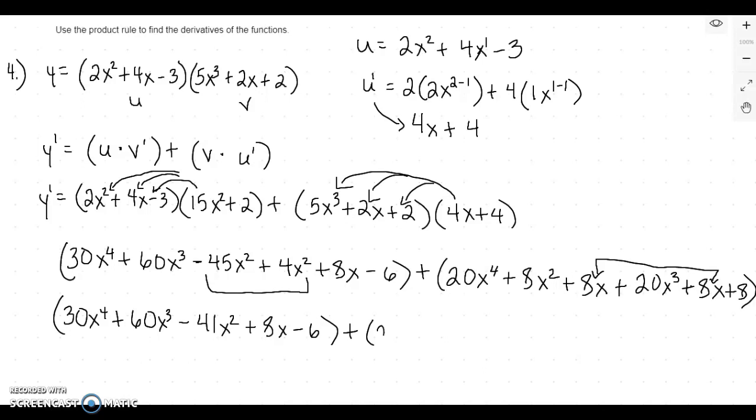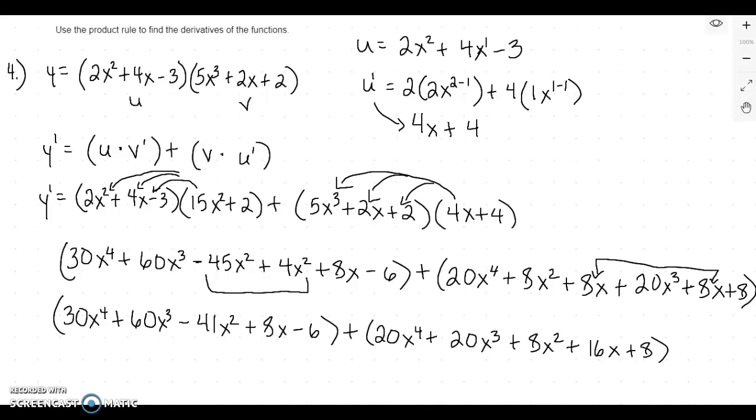So 20 times x to the 4th plus 20x cubed plus 8x squared plus 16x plus 8.